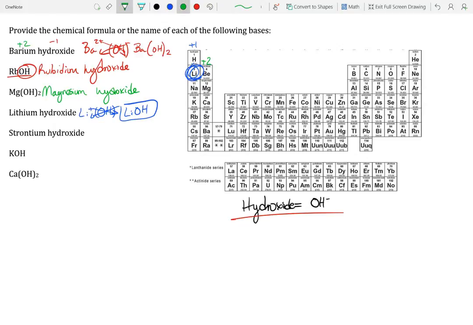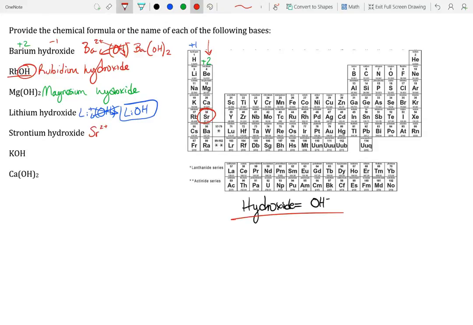Now the next one, strontium hydroxide. Where is strontium? Maybe you don't know where it is exactly yet because you're new to chemistry, but strontium is Sr, and it's located right here in the second group of the periodic table. So we know that the charge of strontium is +2, because it's inside that column. So Sr2+ and hydroxide.